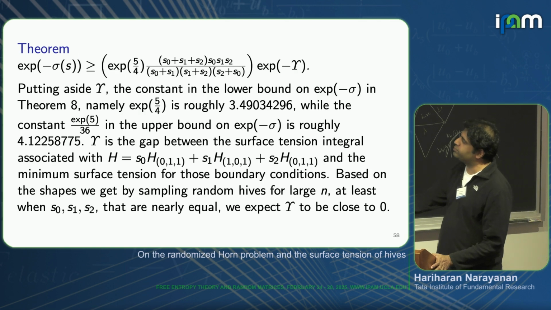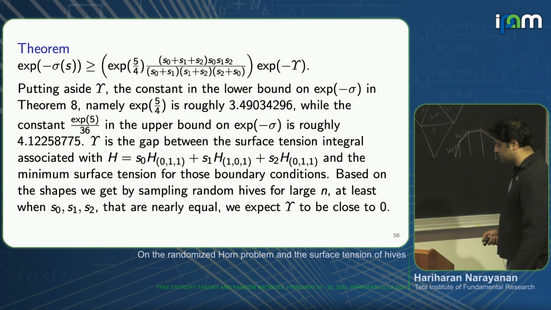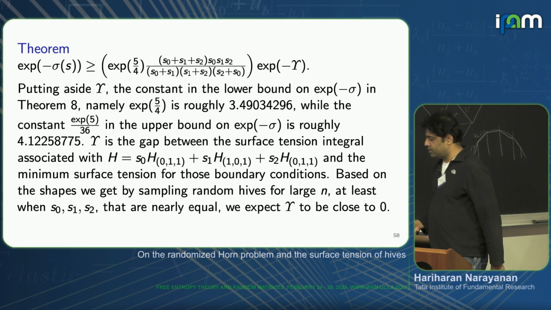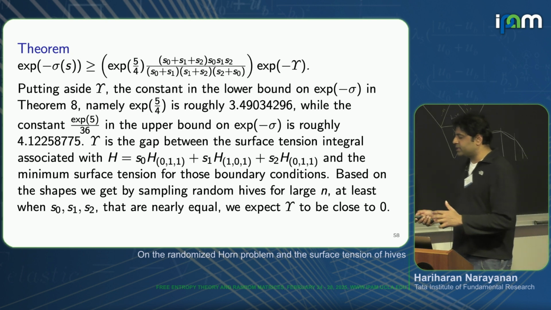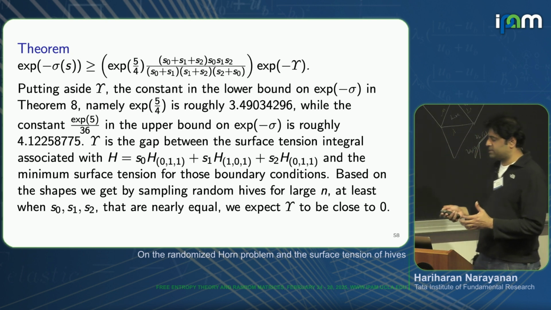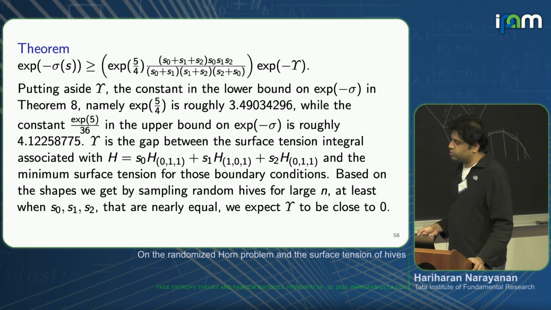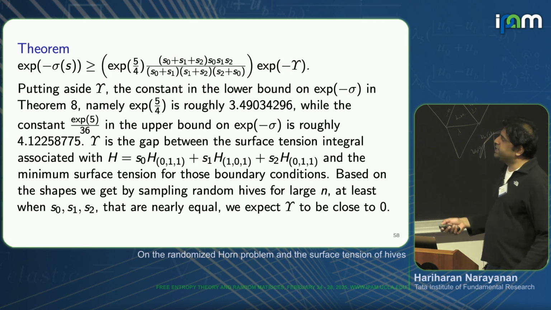So you get a lower bound of this form using convexity of the surface tension and a kind of Green's function. Basically these canonical hives that we defined, you know what their total Hessian is because they are so explicit, and you can use that bound to get this.